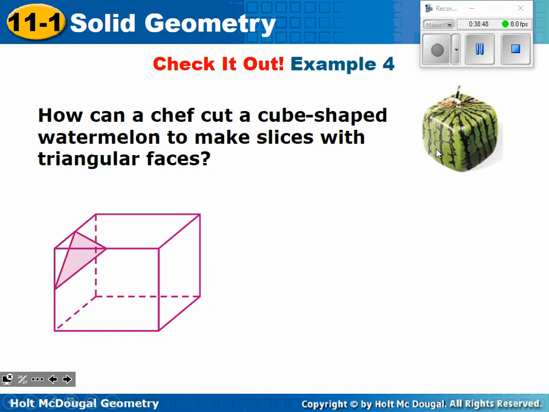So cut the corner off like this. That still makes a triangle. Trying to draw not a triangle, so let's see. So I cut the corner off, right?